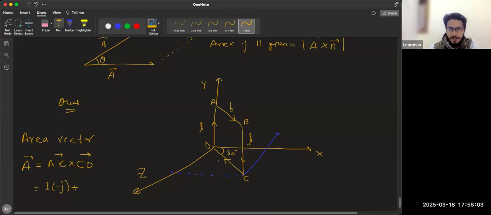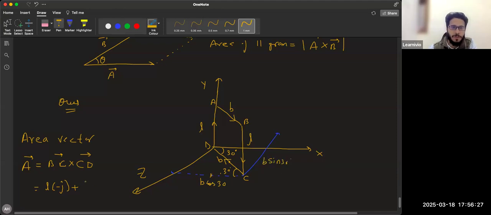If this length is B, then you're supposed to resolve this B along X axis and along Z axis. So what will be the component of B along X axis, I'm asking? B cos theta. Because this is 30 degree, you take the component: this is B cos 30, and along Z axis, this will be B sin 30.